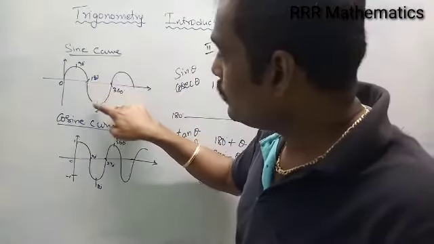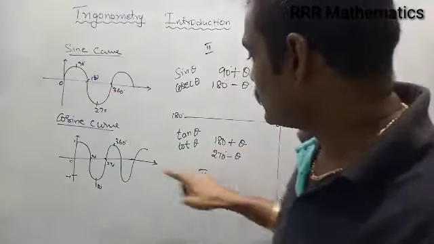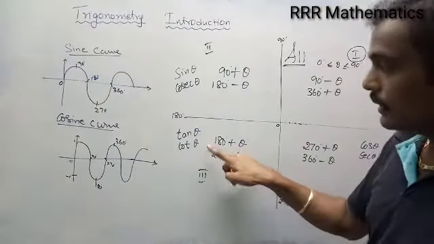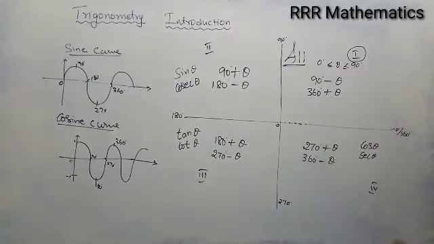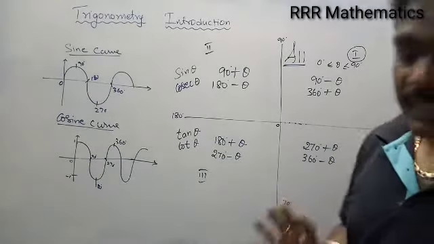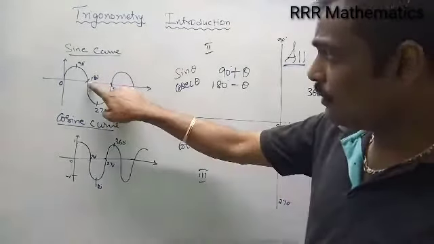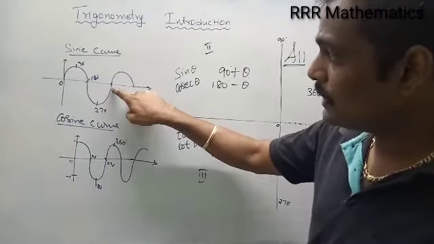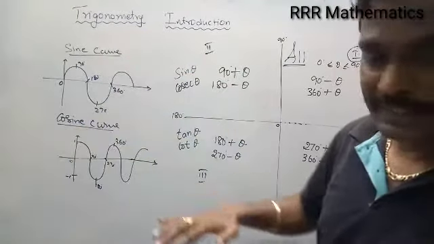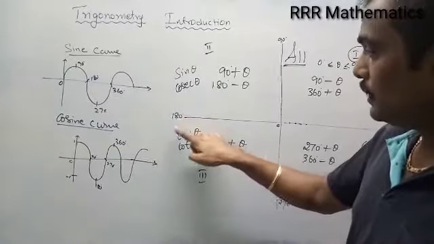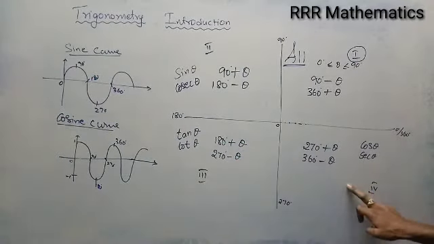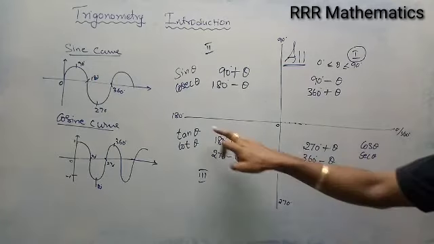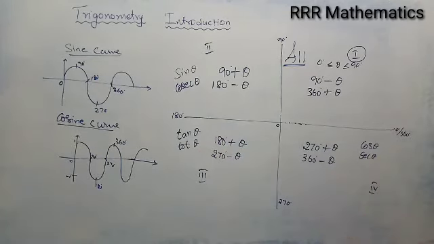See, 180 to 270, it appears below the x-axis. So sine is negative here. So in the third quadrant, tan theta and cot theta, what I wrote here, are positive. The other four functions are negative. So 180 to 270, 270 to 360, the sine values are below the x-axis. So from 180 to 360, sine is negative, here also sine is negative. That's why I said tan, cot, cos, secant respectively are positive.